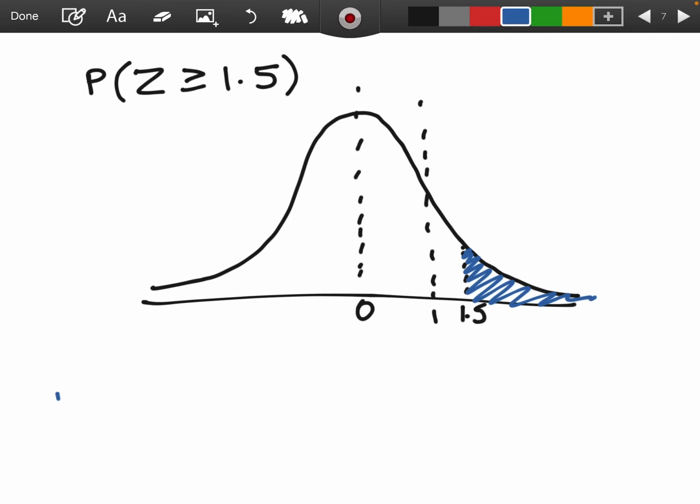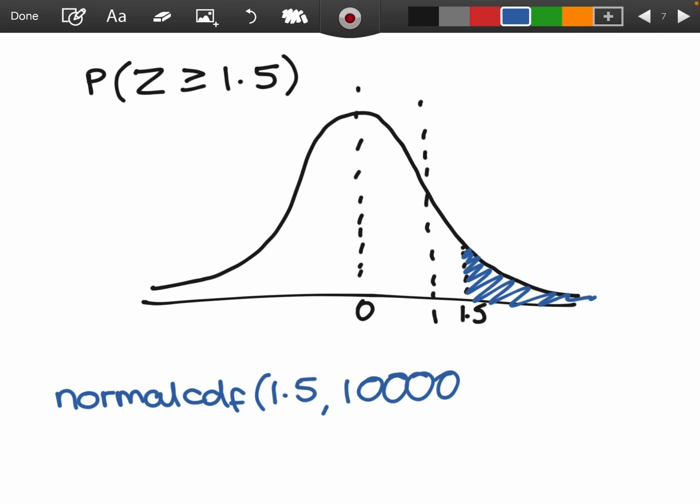So same thing again, second and vars, go down to normal CDF. So we're looking at normal CDF with a lower bound of 1.5. This time I have no upper bound, so I'm going to type in a very large positive number to be my upper bound. So in this case, I'll go with 1,000,000 as my upper bound.